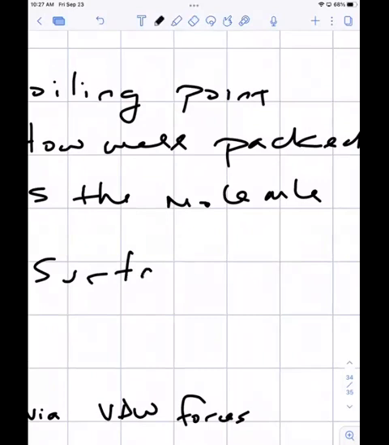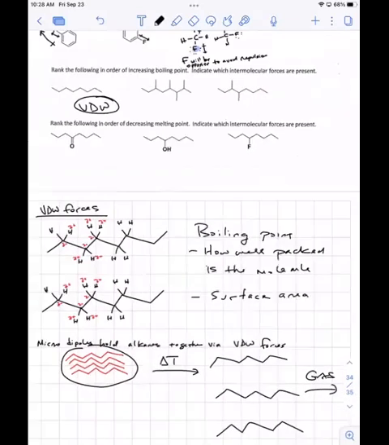So those two things kind of go hand in hand, right? If it's well packed and you have a lot of touch points along the chain, that's going to increase the surface area as far as those micro dipoles are concerned, and it's going to make it harder to pull those molecules apart. If they're not well packed, that means the surface area and the touch points are lessened, and so it's going to decrease the boiling point.